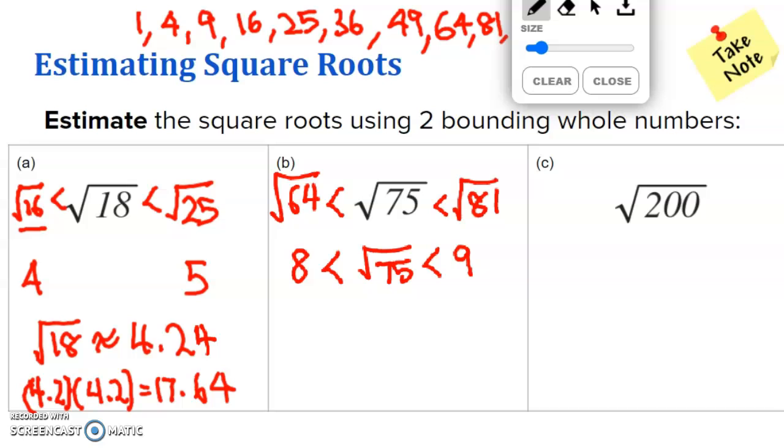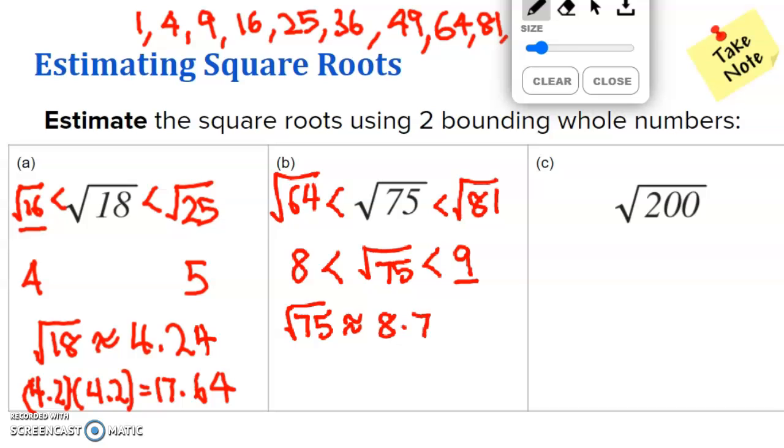So since 75 is closer to 81 than 64, my guess will be it will be closer to 9, so it will be 8.7 or something like that.